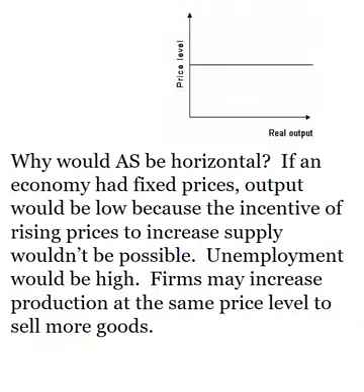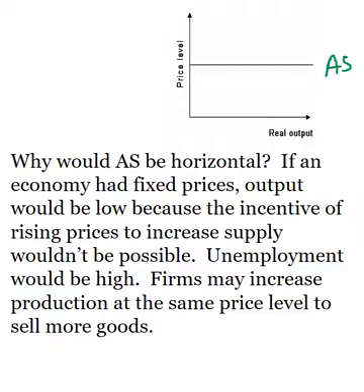So why in the world would aggregate supply ever be horizontal? So this is the explanation. If, and by the way, let me label this aggregate supply. There we go. Okay, if an economy had fixed prices for everything, output would be low.